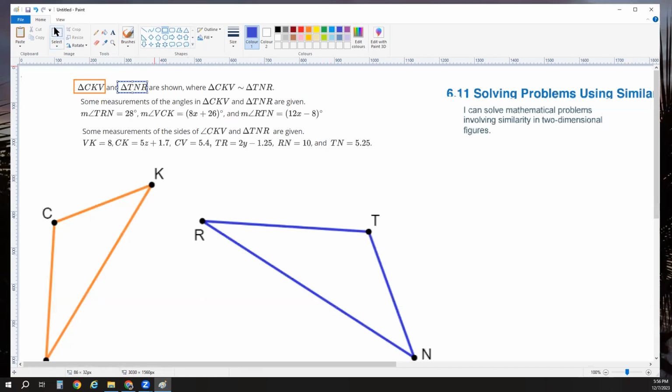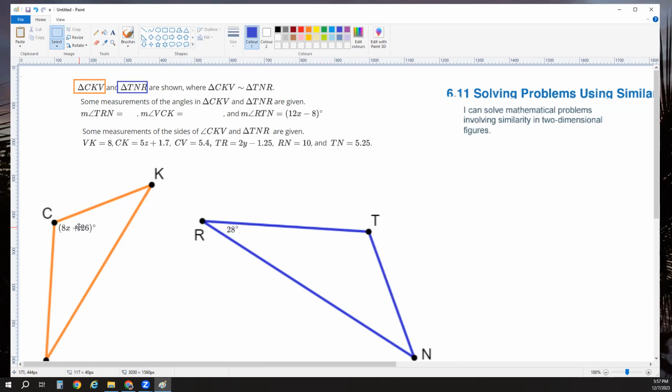All right, so I'm going to move them, and you should do this too. I would say relabel them, but I'm just going to move them because it's easier for me than relabeling. So TRN, you can move that to vertex R. That's 28 degrees. Vertex C is going to be this one right here.